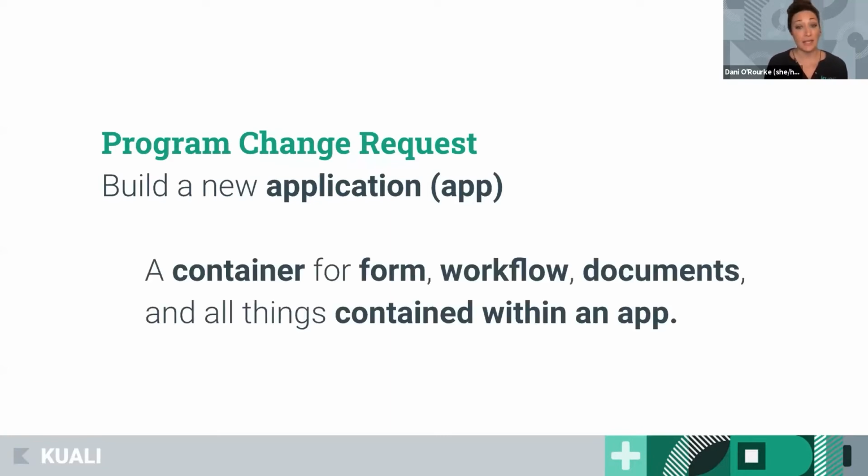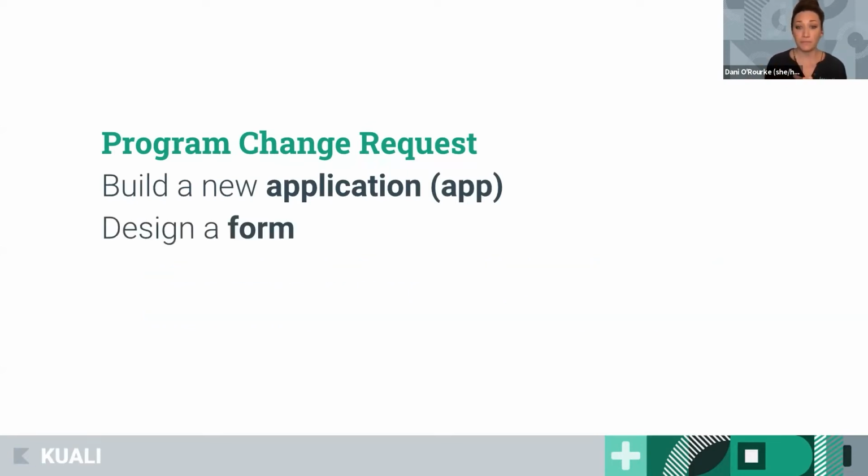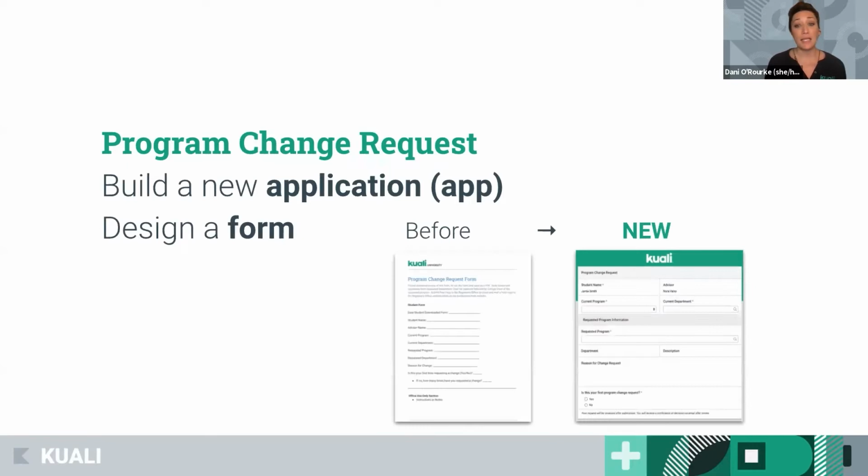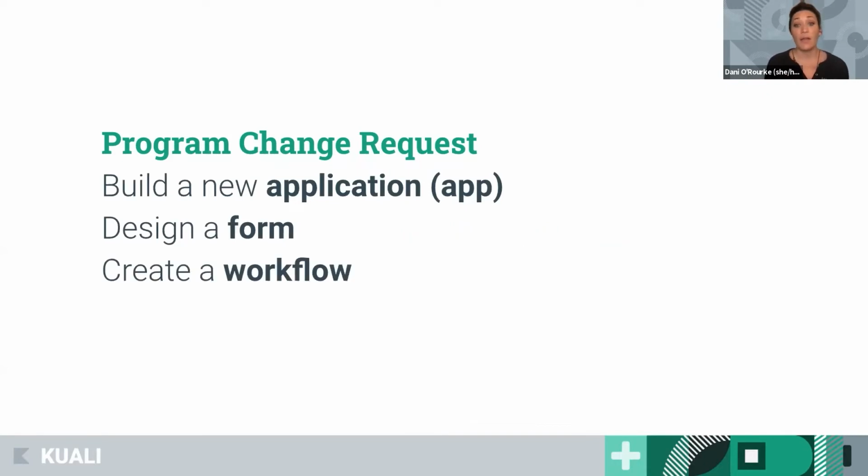An application is a container for form, workflow, documents, all of the things contained within an application, which we will talk about shortly. Next step, we will want to design a form so that the student can fill out the information requested, taking your existing forms and transforming them with Build or creating a new form altogether. Next, you will create a workflow so that when the student submits the form, it will kick off the workflow process.